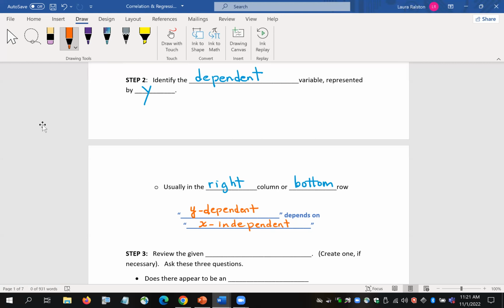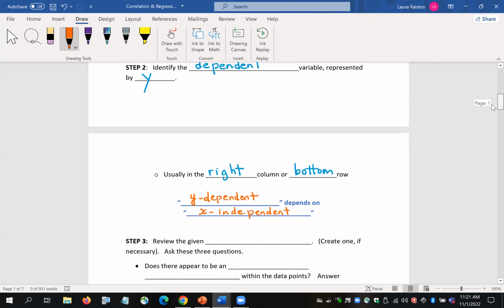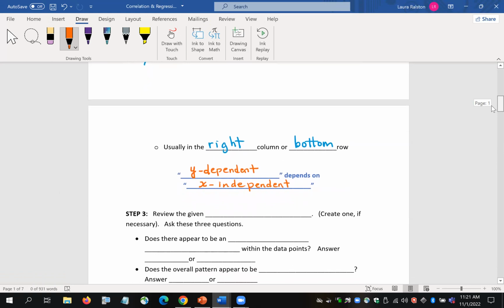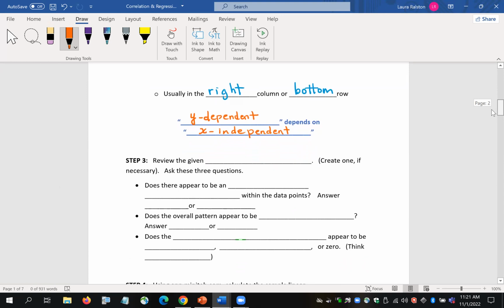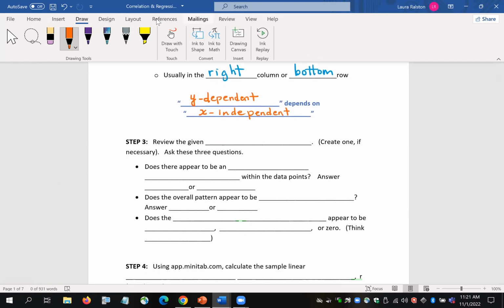So sometimes you got to think about, does the animal's lifespan, or does its birth weight depend on its lifespan? Well, you don't even know what its lifespan is to start with. So again, that little saying can help you, but you want to make sure that the saying makes logical, reasonable sense.